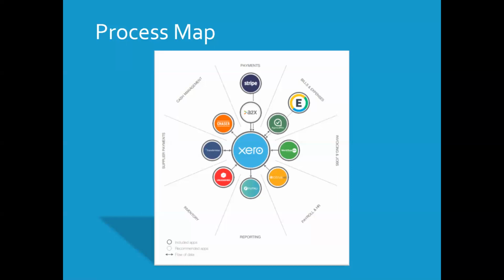However, the apps that we commonly see most businesses use would be, first of all, Dext Prepare, formerly known as Receipt Bank, which is a purchase invoice automation tool, which will allow you to automatically capture any invoices that are available in online portals, such as BT, Vodafone, any utilities, etc. It will also allow you to provide your suppliers with a dedicated email address to which they can send their purchase invoices directly.